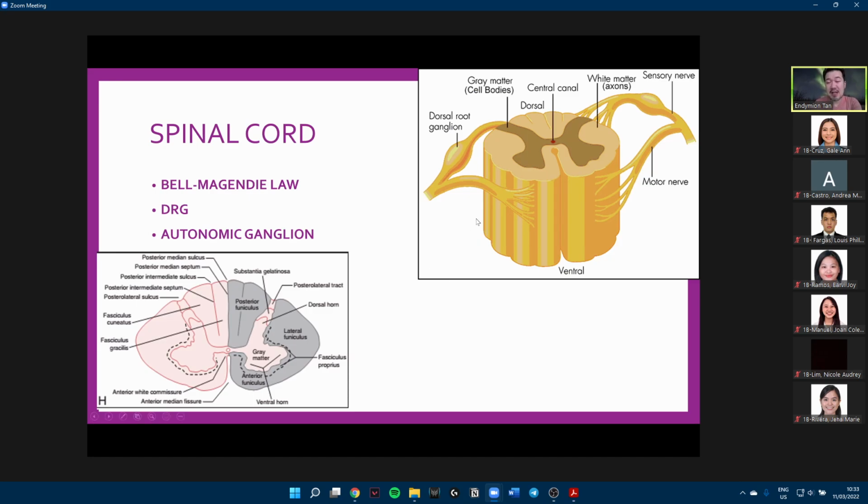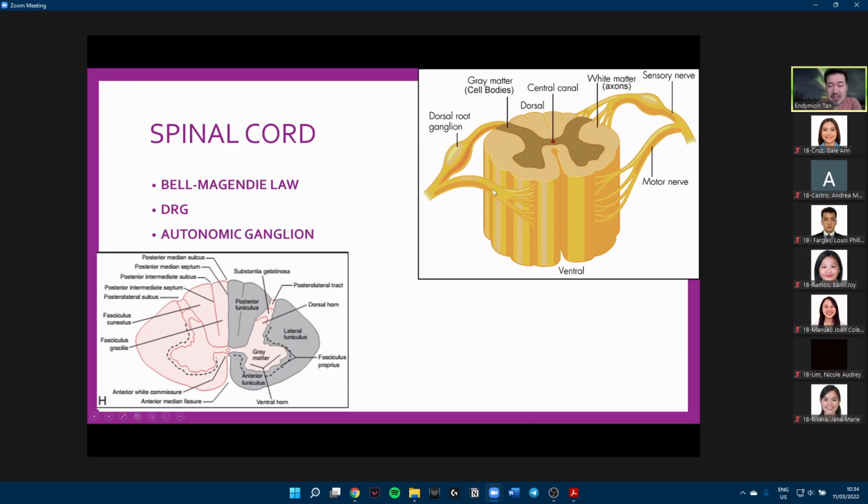And again, everything anterior is efferent or motor in function. Not all segments will have what we call the autonomic ganglion. Especially the sympathetic ganglion, they're only found in the C8 and the thoracolumbar areas, okay? So that's the autonomic ganglion. Because yung motor limb, the efferent limb, di ba sabi natin kanina, the efferent division of the peripheral nervous system has both the somatic nervous system and the autonomic nervous system.